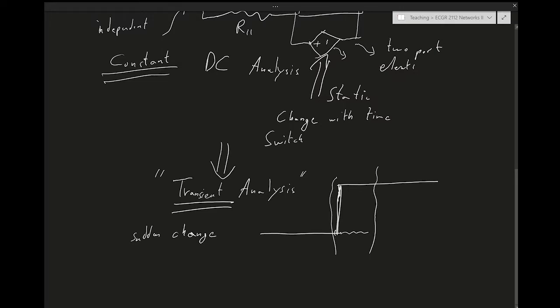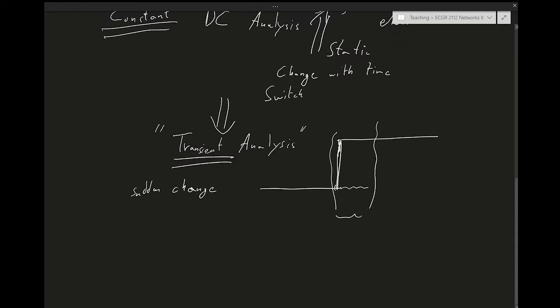This area is the domain of transient analysis. And transient analysis is for linear circuits, which is what we are studying in this course. Those transients are analyzed using the mathematics of differential equations.